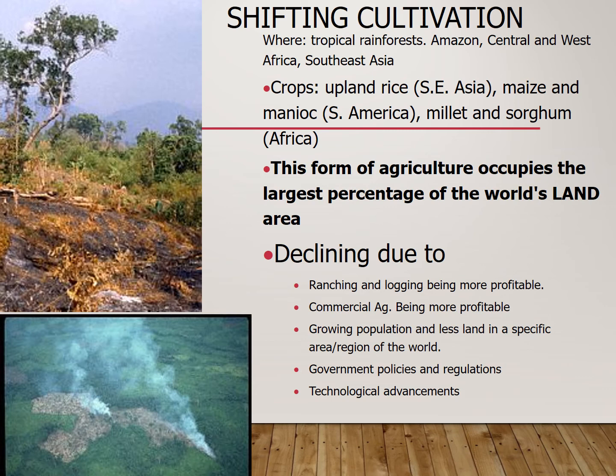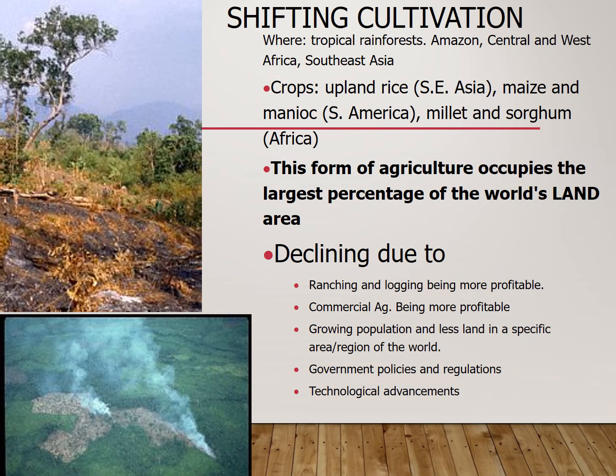One of the more profitable things to do is ranching and logging. So instead of burning down those trees, why not cut them down and sell the wood? Or instead of doing agriculture there, why not cut it down for ranching?